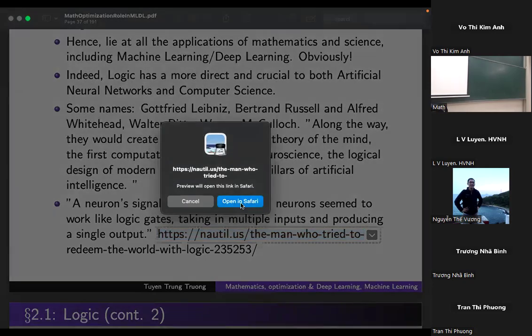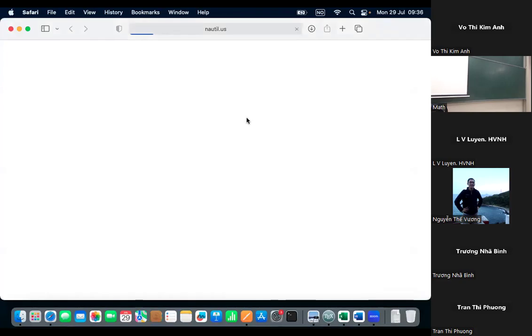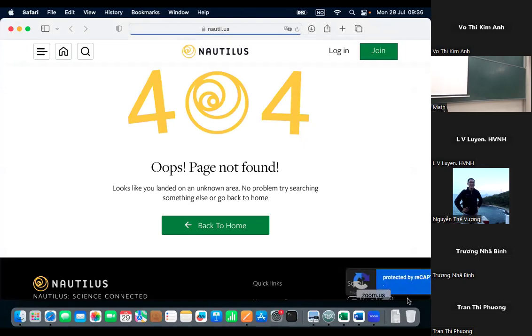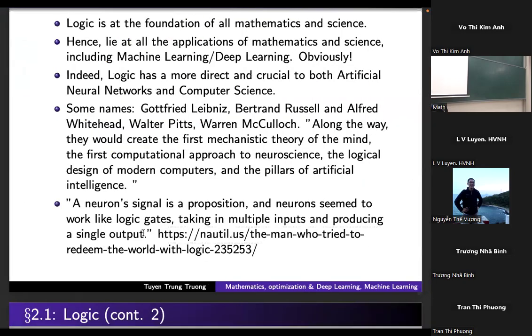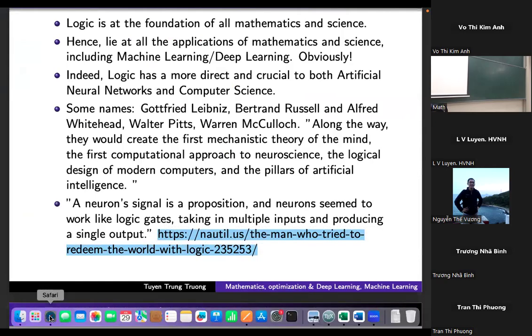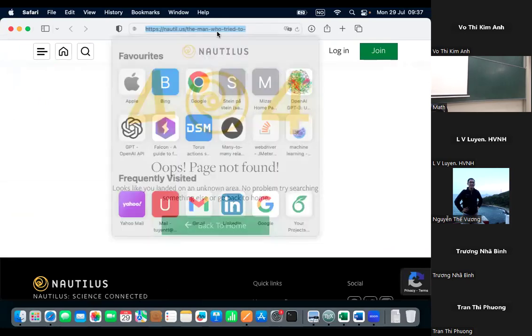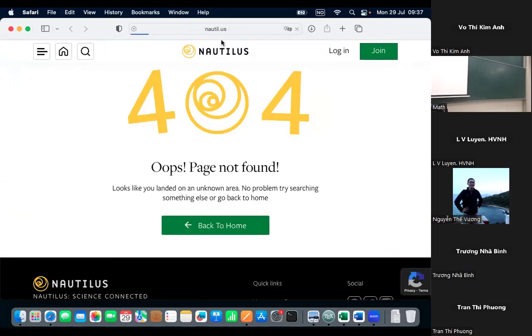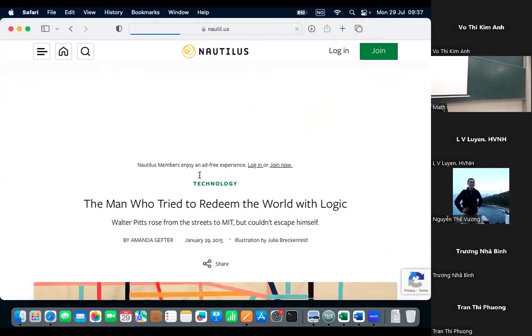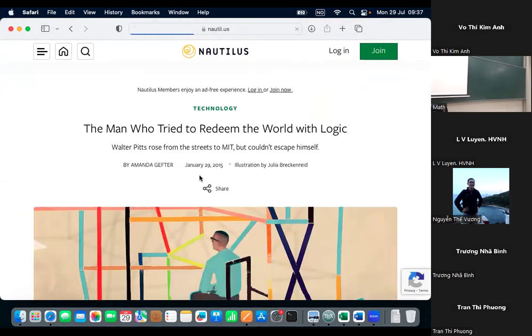So this is a very interesting article if you are interested in machine learning and deep learning.